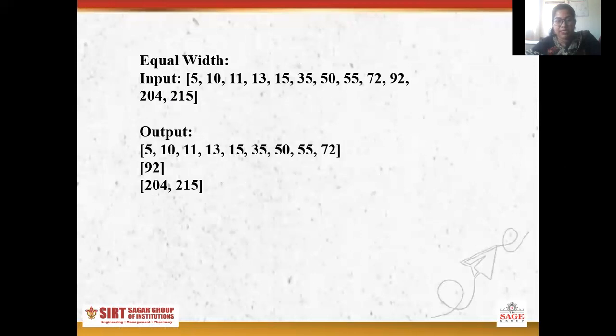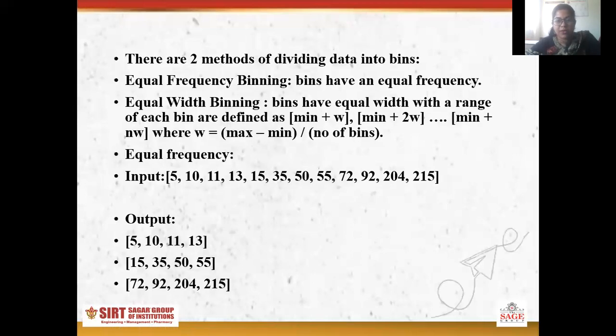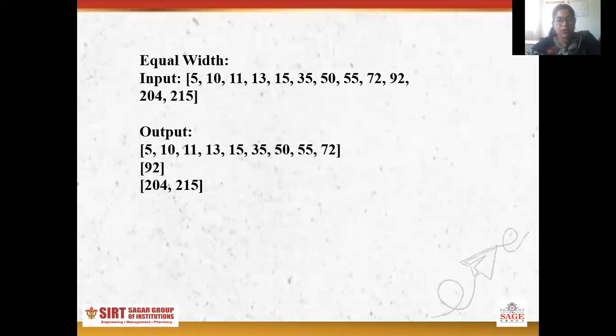that would be 70. So we have minimum 5 plus 70.